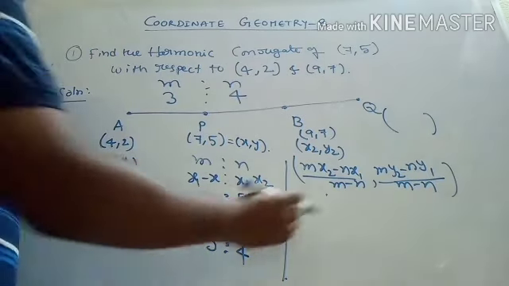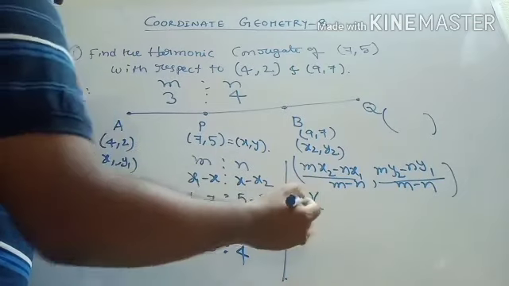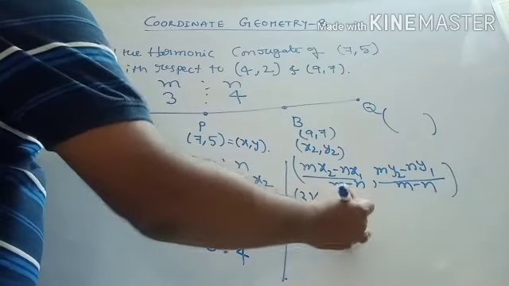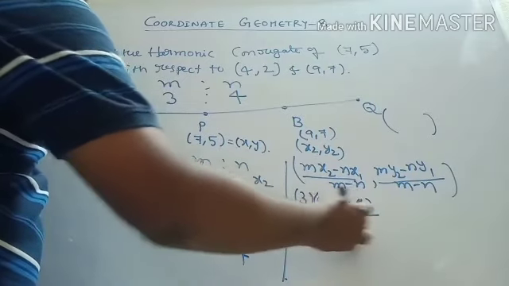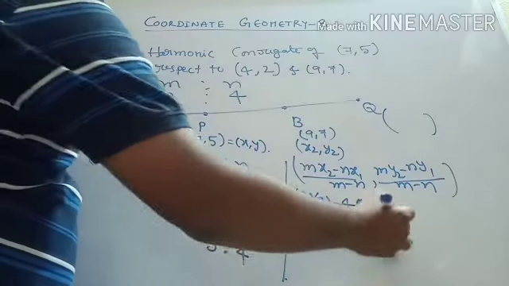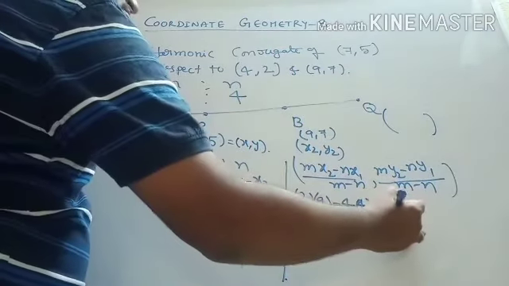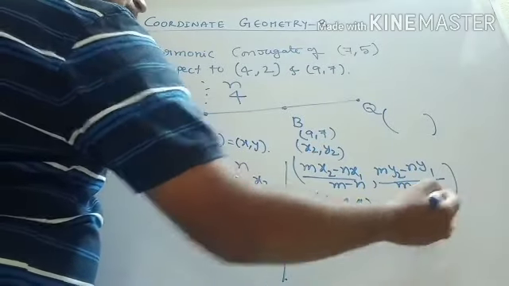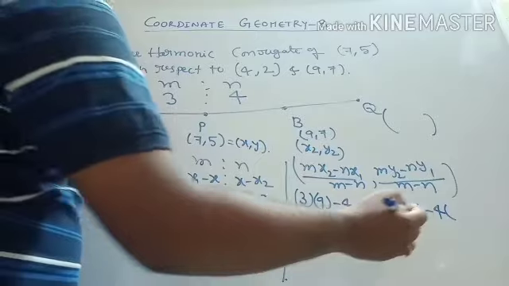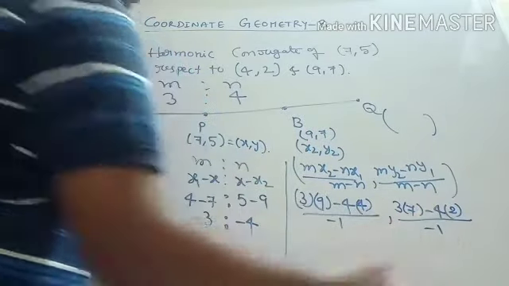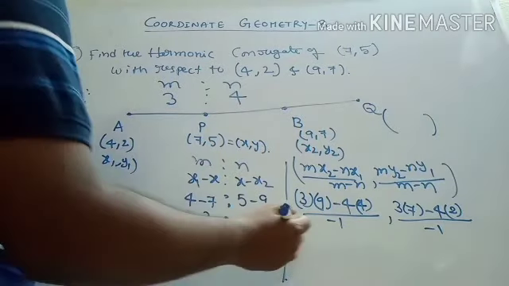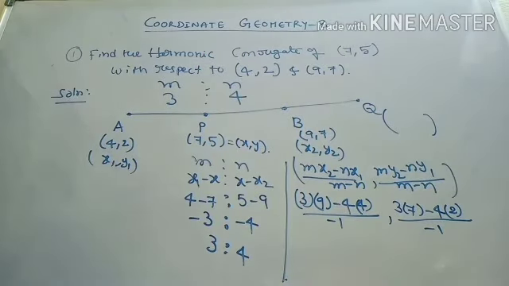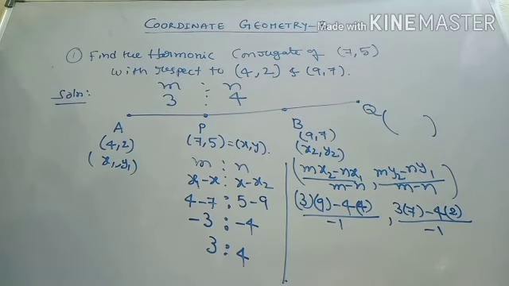Let us try to get that. m is 3, x2 is 9, minus n into x1, which is 4, by m minus n; then comma, m is 3, y2 is 7, minus n into y1, which is 2, divided by m minus n.